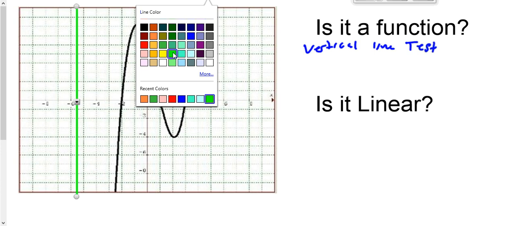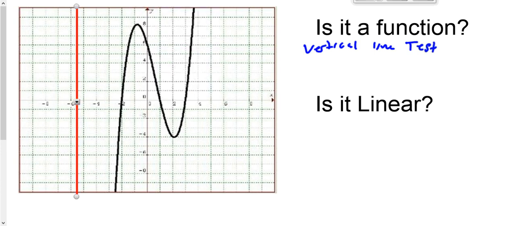I guess red will work the best. And I take it and move it across the graph, I should be able to leave this red vertical line anywhere and only cross once.